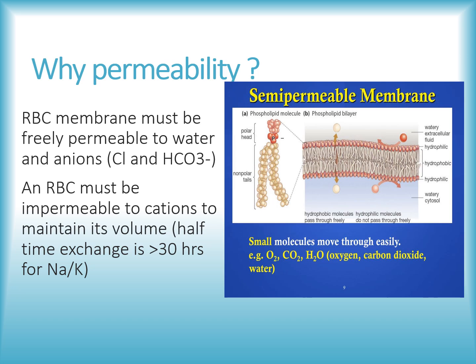A red blood cell must also be impermeable to cations and maintain its volume half-time exchange, so greater than 30 hours. And when I say cations, I'm talking specifically about sodium and potassium. There are very, very specific ratios of sodium and potassium intracellularly and extracellularly, and we're going to talk about those in just a minute.